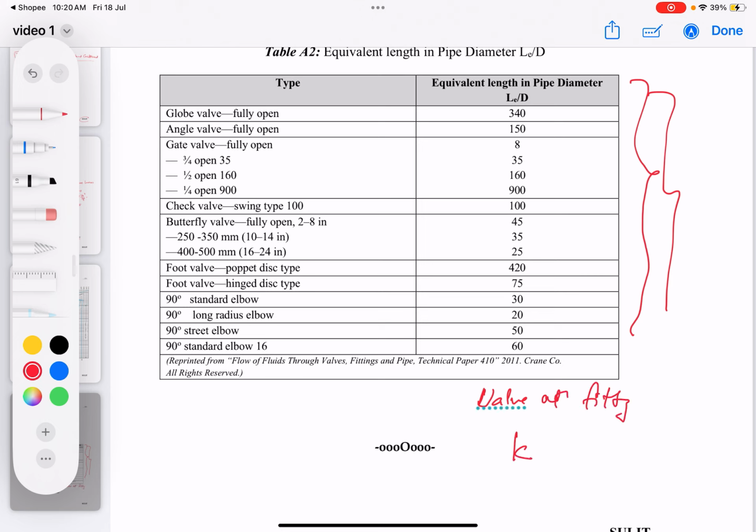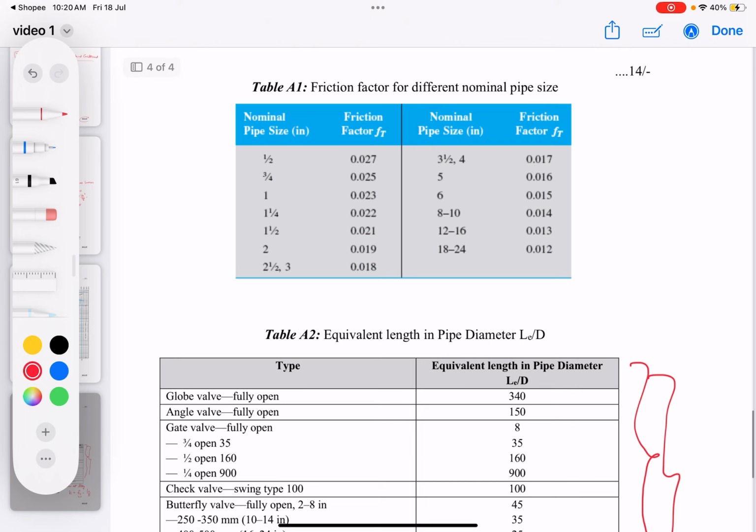So for the valve or fitting, the K here can be obtained by using this formula: K equals FT multiplied by LE over D. FT can be obtained from here. Usually they describe the pipe with the nominal pipe size, usually 1 inch or 2 inch.